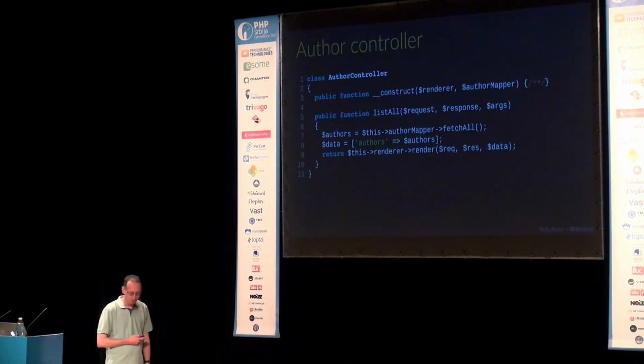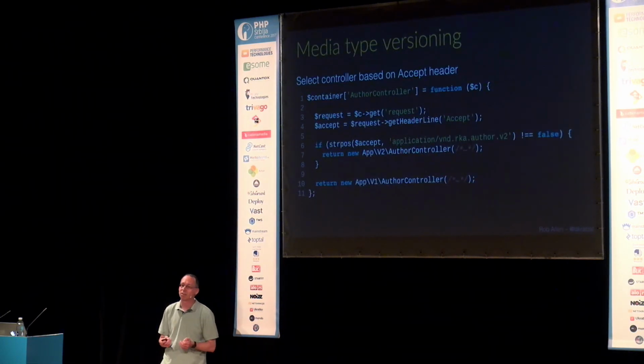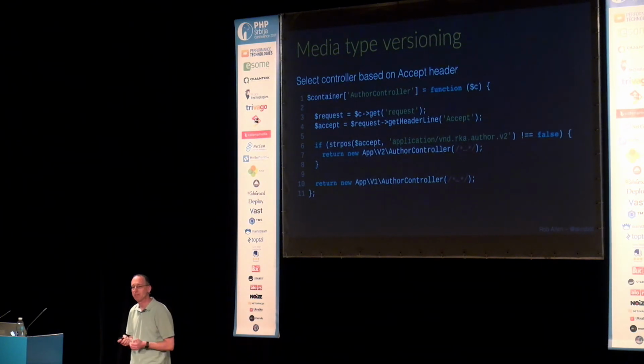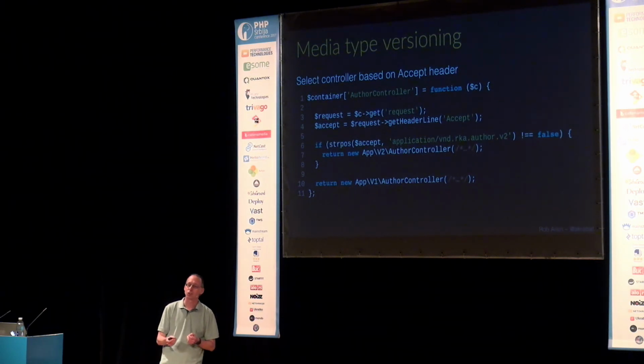So now for media type versioning. The reason this is interesting is that we can have two different controllers for the different versions of our API. We can select which particular version of the controller we need by inspecting the request object and, in the container's factory function, returning the correct instantiation.